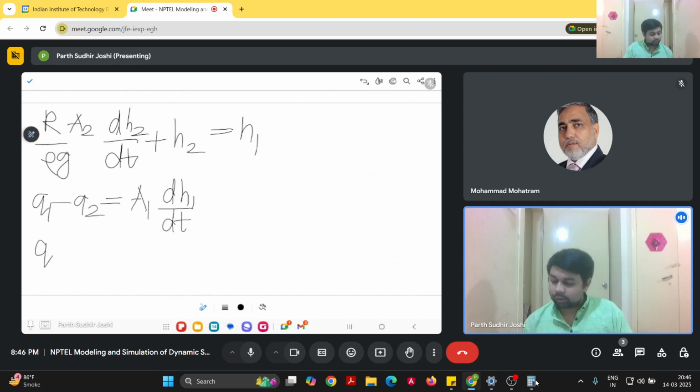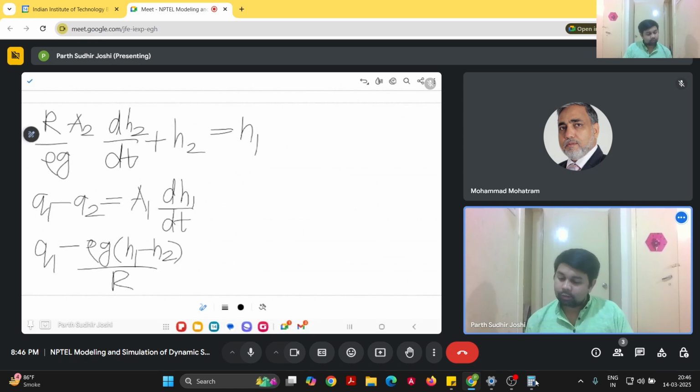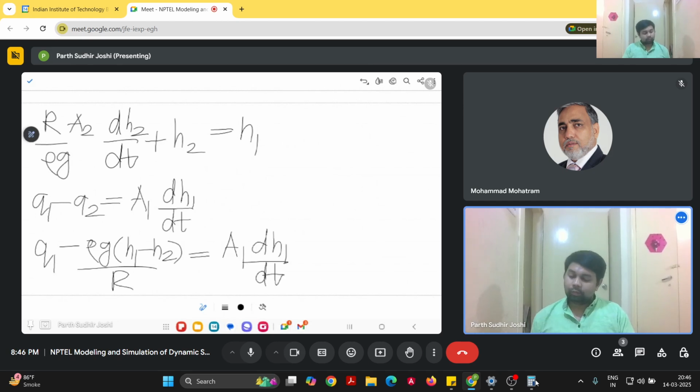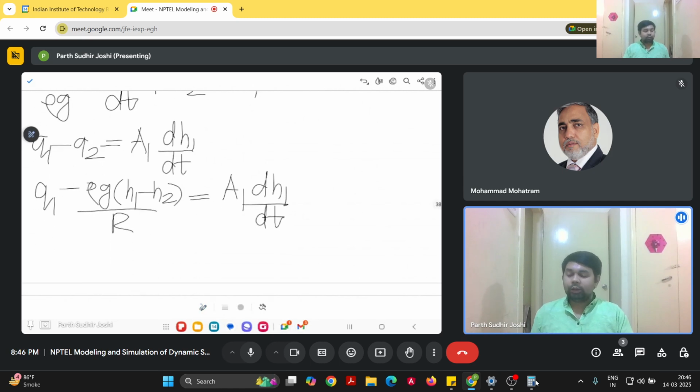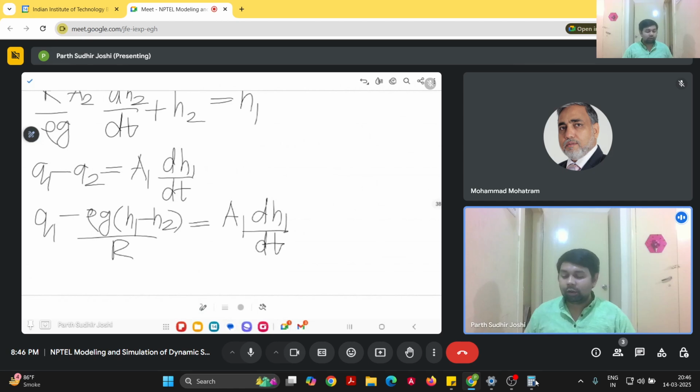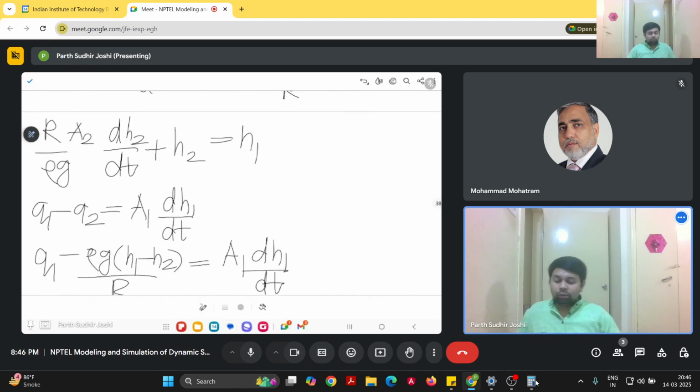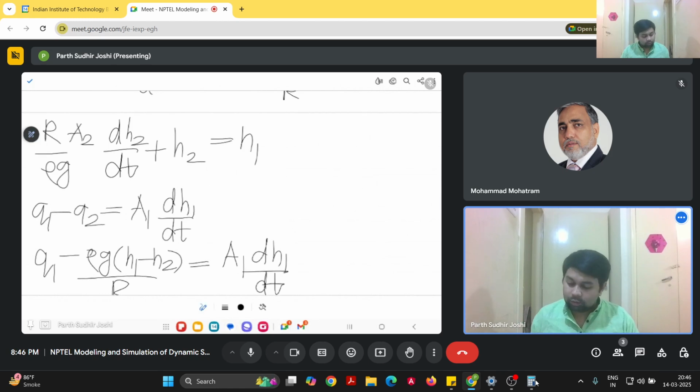So we can substitute again the value of Q2, which is rho g (H1 minus H2) by R, equal to A1 dH1 by dt. And again we can rearrange these terms on the left hand side or right hand side accordingly, and so basically these are the two main equations of motion for this system.